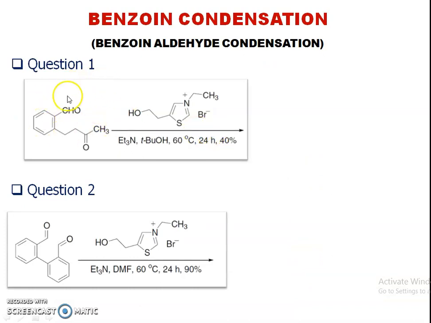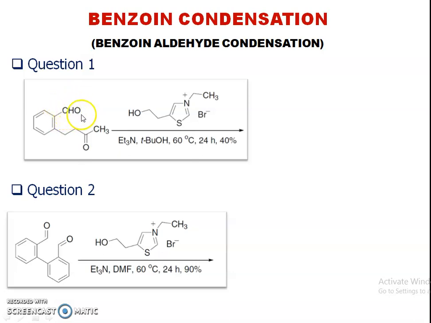Another question on benzoin aldehyde condensation. In this particular reaction, what would be the product? Can you think what the product of this reaction will be? In this reaction, the thiazolium salt can act as a base. Then it will be added to the aldehyde, and this aldehyde carbon can form a carbanion.